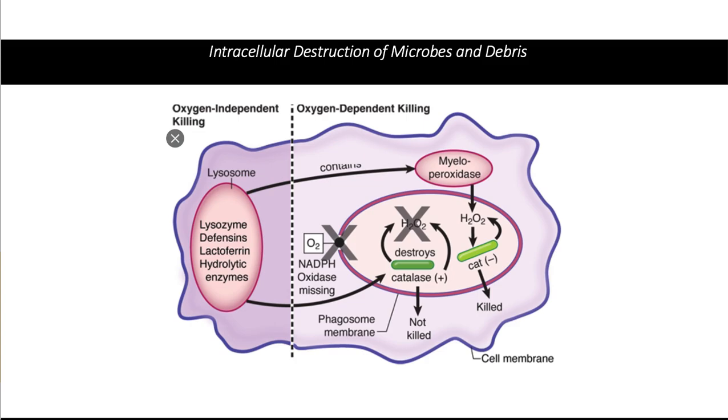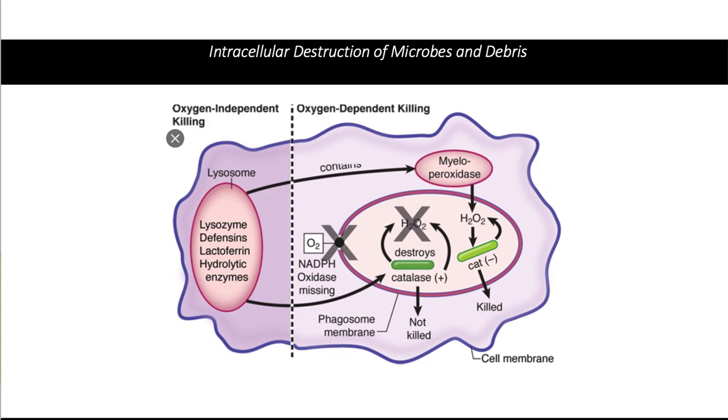The killing of microbes and the destruction of ingested materials are accomplished by reactive oxygen species, also called reactive oxygen intermediates, reactive nitrogen species, mainly derived from nitric oxide, and lysosomal enzymes. This is the final step in the elimination of infectious agents and necrotic cells.